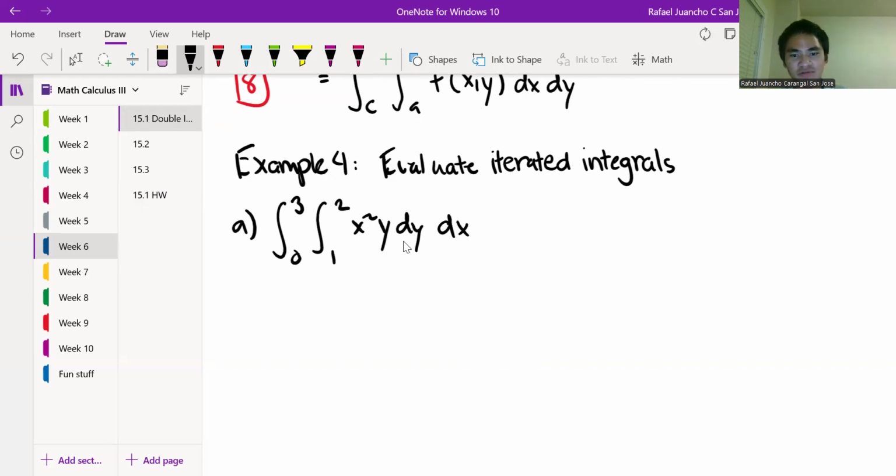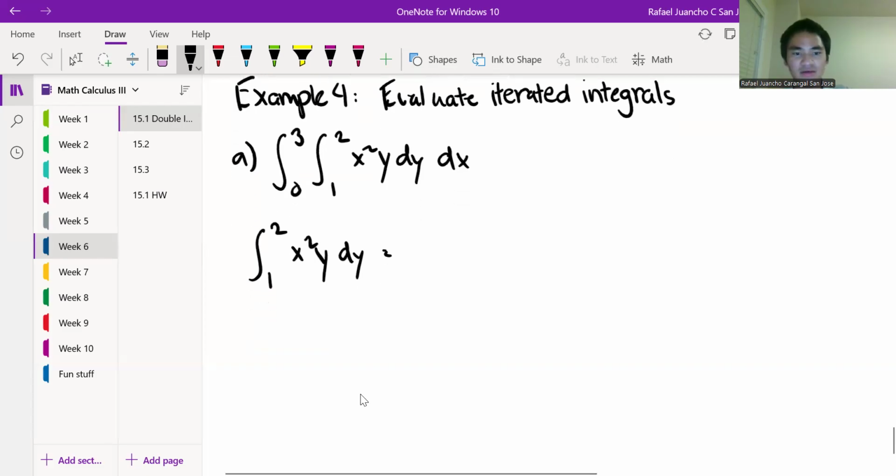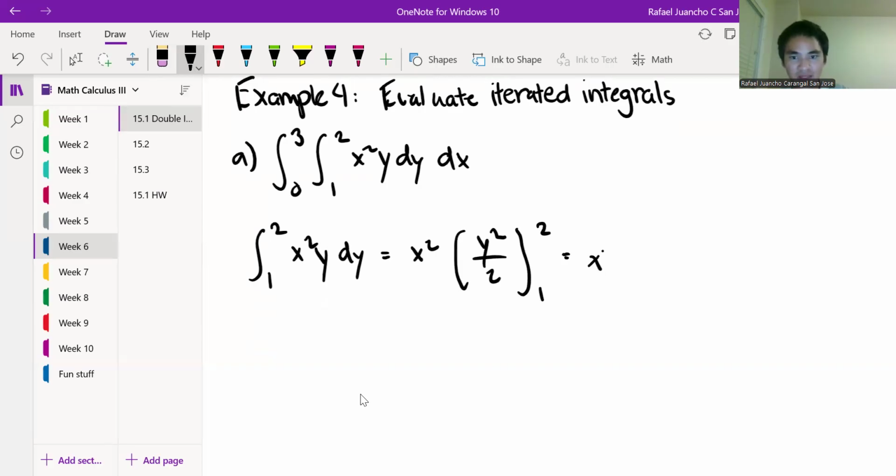The first thing we want to focus on is integrating that inner integral. Once we get something out of that, that's what we integrate next. So first we integrate the inner one, from 1 to 2 of x squared y dy. Here we treat x as a constant. So this is x squared times y squared over 2 from 1 to 2.